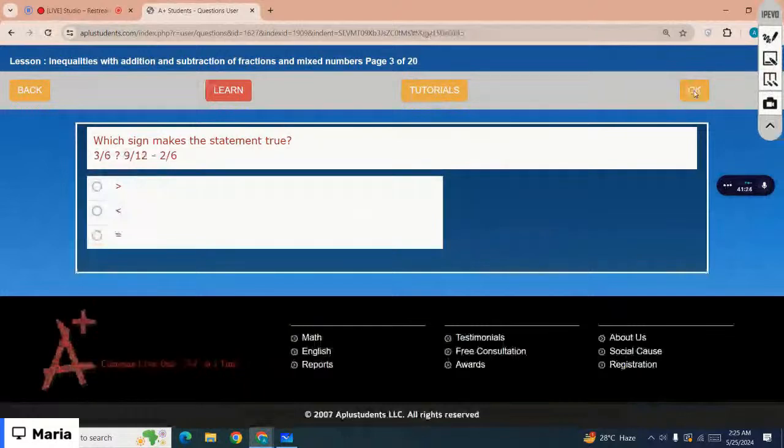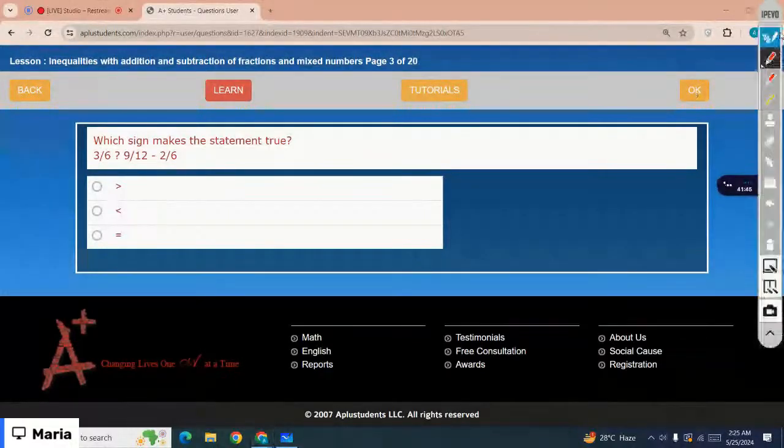Okay, the next one is 3 by 6. You have to compare it to 9 by 12 minus 2 by 6. Okay, so solve the other side, right? 9 by 12 minus 2 by 6.